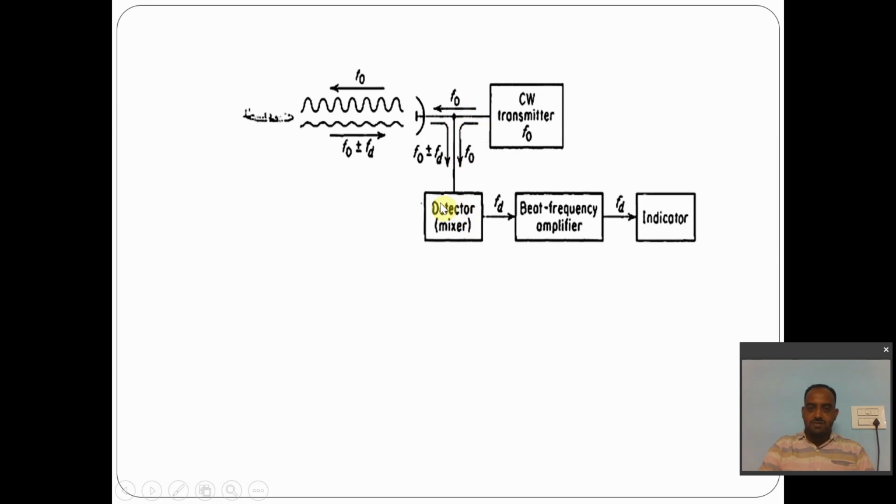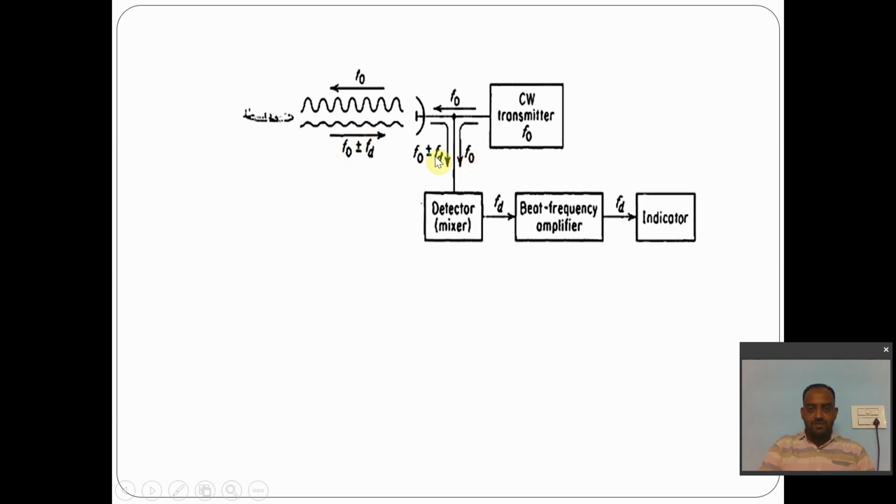The mixer has two roles here: heterodyning the two available frequencies, and detection. The received signal varies from the transmitted signal in two ways, in its amplitude and in its frequency. If the target is moving, the frequency will have a Doppler shift, so it is represented as F0 plus or minus Fd.